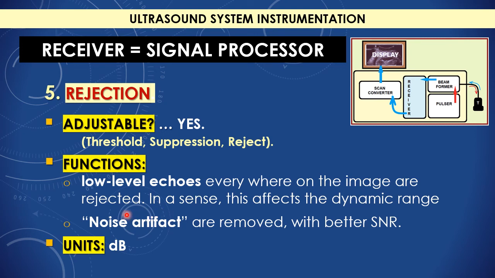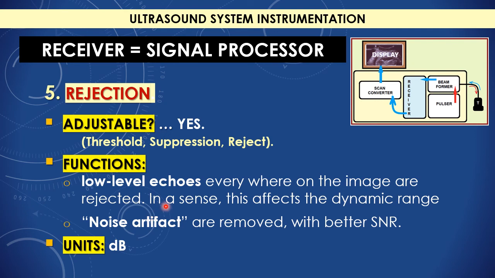These low-level echoes are everywhere in the image, but they are seen more, for example, in a cyst or in the gallbladder or the urine bladder, when the background is too dark, you can see these echoes very clearly.